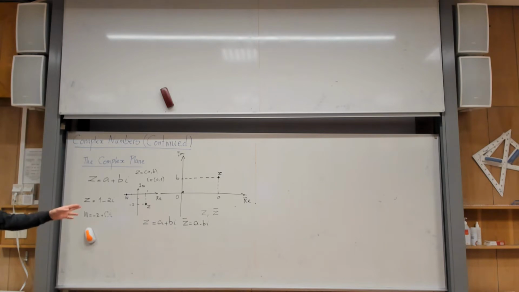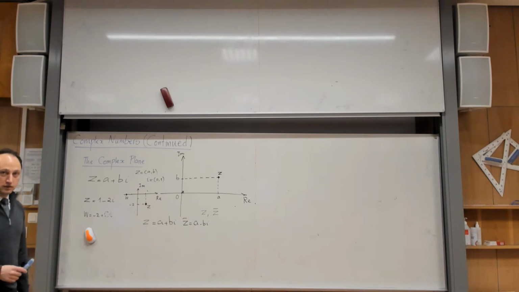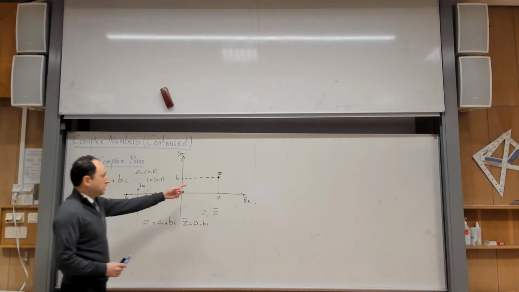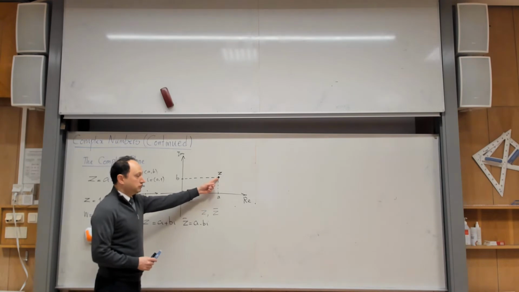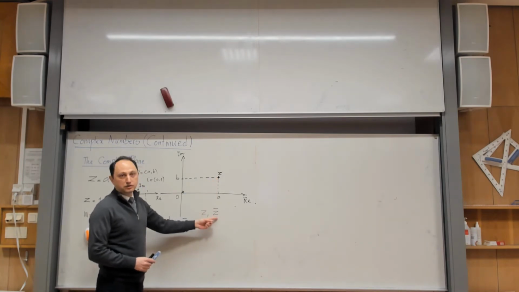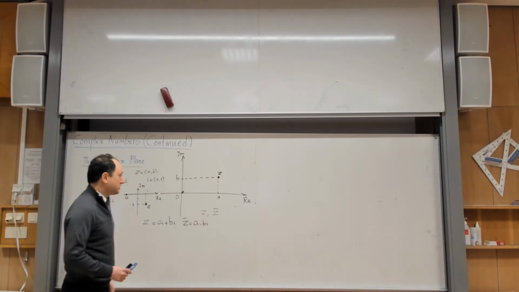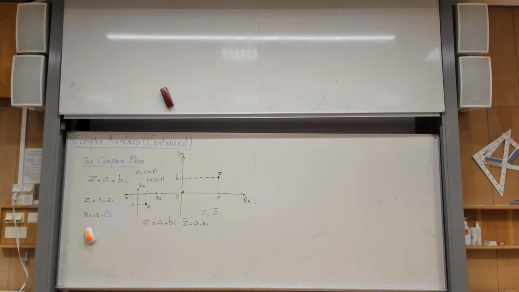They have the same real parts, but the imaginary part is opposite. So what will happen for these points? If z is here, z bar would be the mirror image of that with respect to the real axis. So z and z bar are related like that.